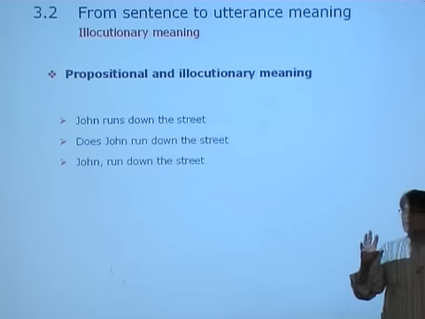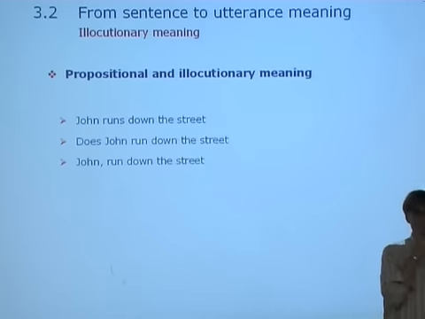What about the propositional meaning? Same or different? Yes? Same? Why? Because it's always John who runs down the street. Yes, yes. So in terms of what a proposition does, namely to specify who does what, when, where, why, etc., these sentences are the same. It's always about John's running down the street. Okay?